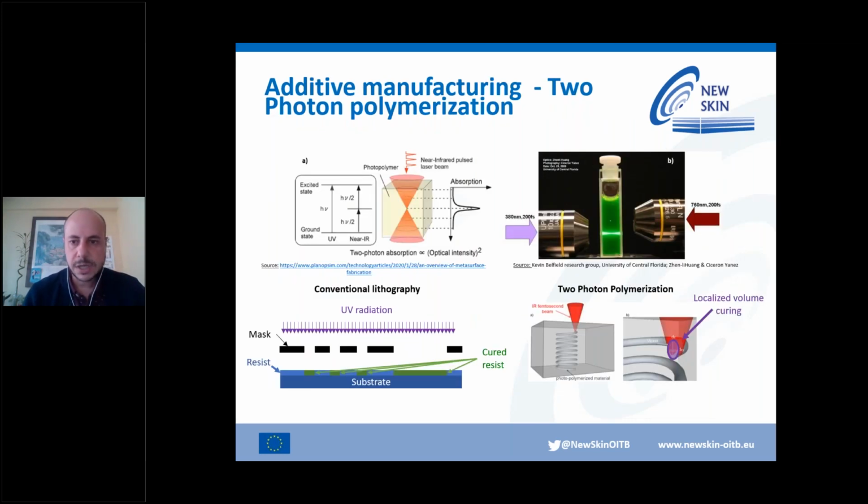I will start by describing the two-photon polymerization process, which is the additive manufacturing process that we use at MEN for the fabrication of optical surfaces.